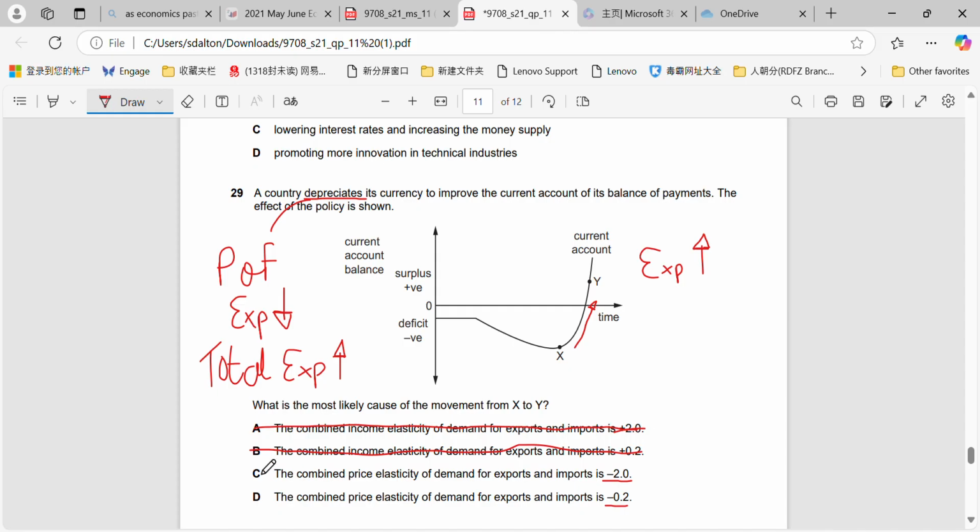So we want the one that's going to be the most elastic, which would be -2, because our demand would change by the most, and therefore our total export expenditure would increase significantly, and that would result in us moving from a deficit into a surplus, just like we can see in the diagram.